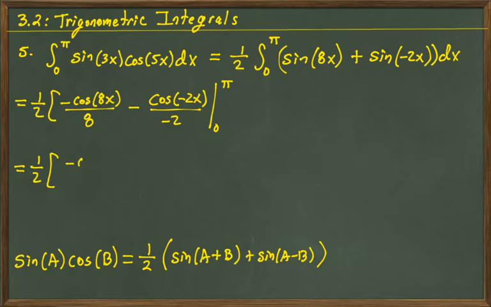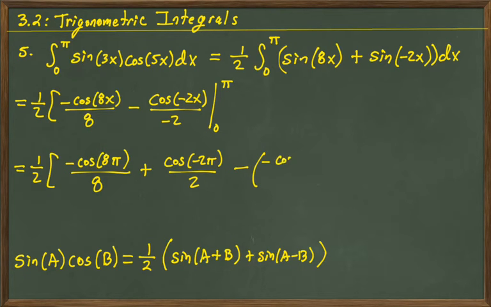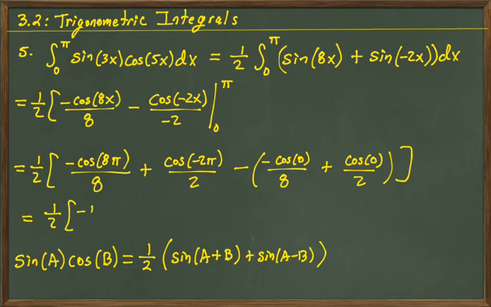So it's going to be 1/2 of negative cosine of 8 pi over 8 plus cosine of negative 2 pi over 2, minus negative cosine of 0 over 8 plus cosine of 0 over 2. So it's going to be 1/2 of negative 1/8 plus 1/2, minus negative 1/8 plus 1/2.